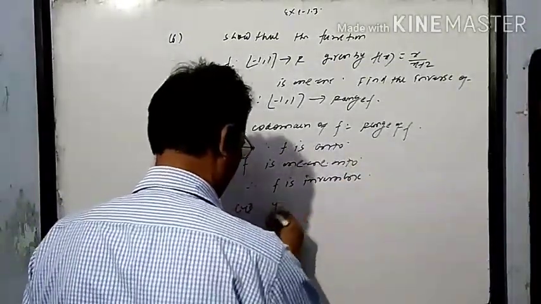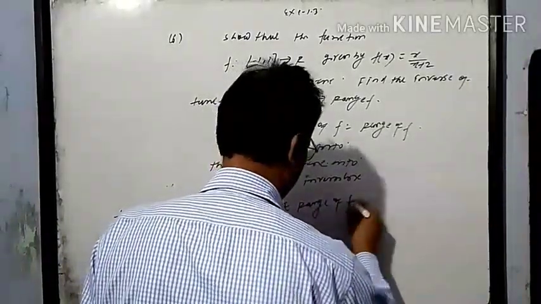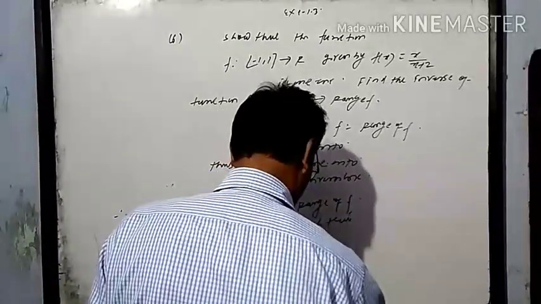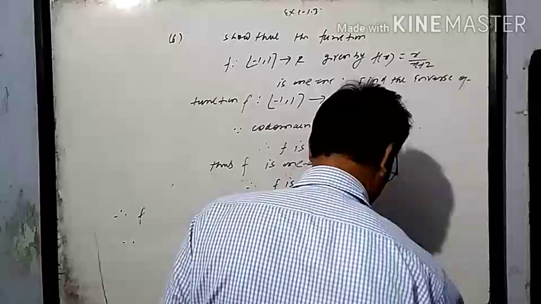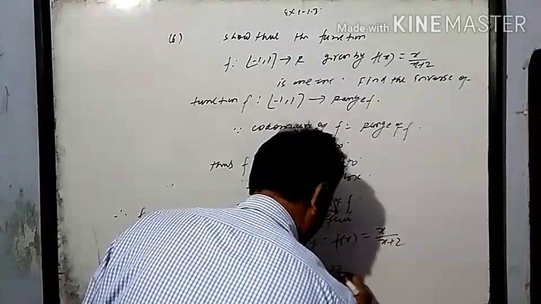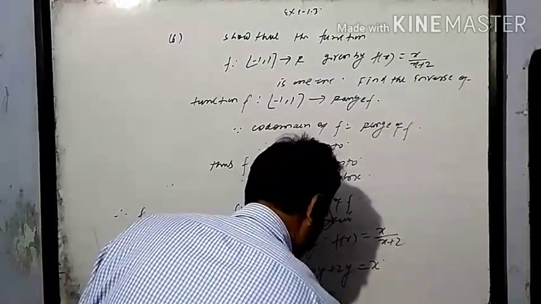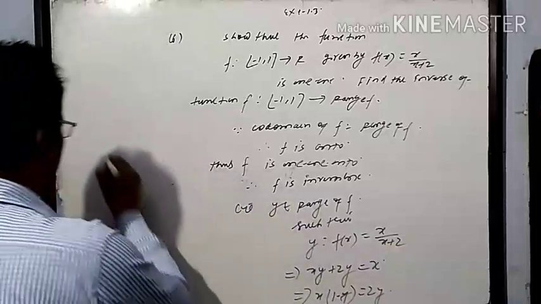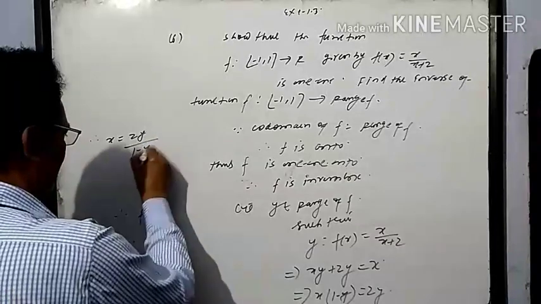Let y belong to the range of f such that y = f(x) = x/(x+2). This implies that xy + 2y = x. This implies that x(1 - y) = 2y. Therefore, x = 2y/(1 - y).